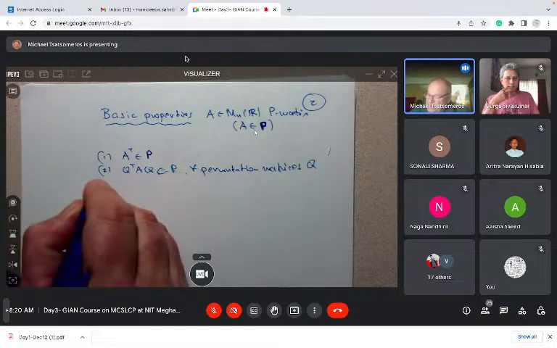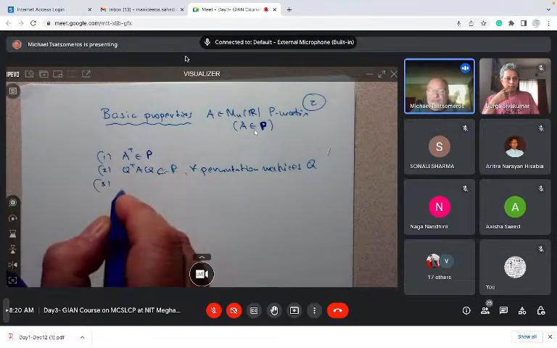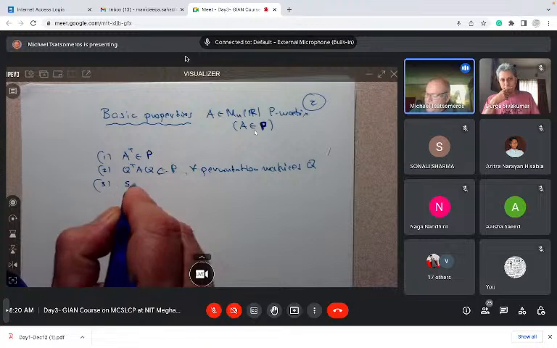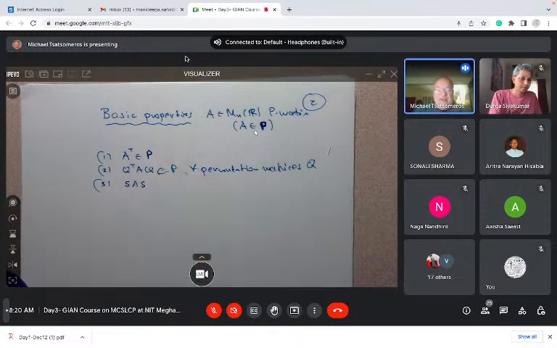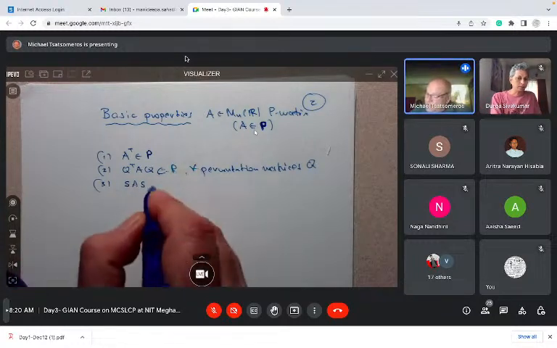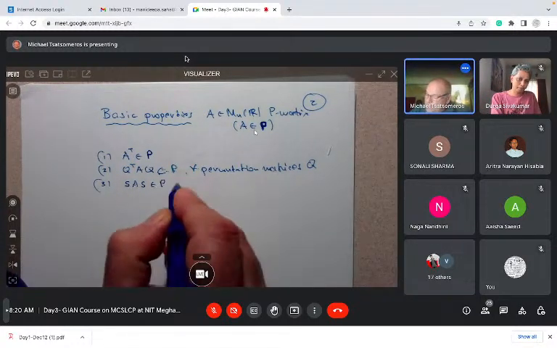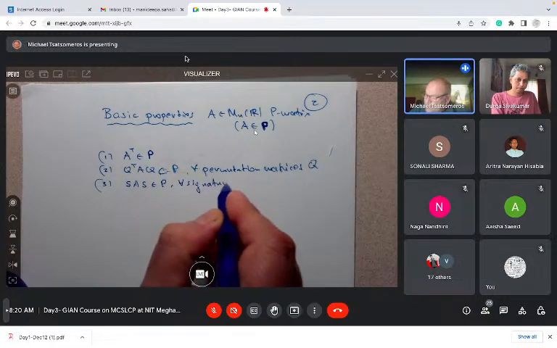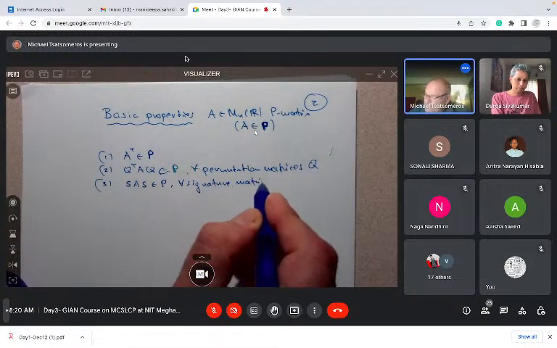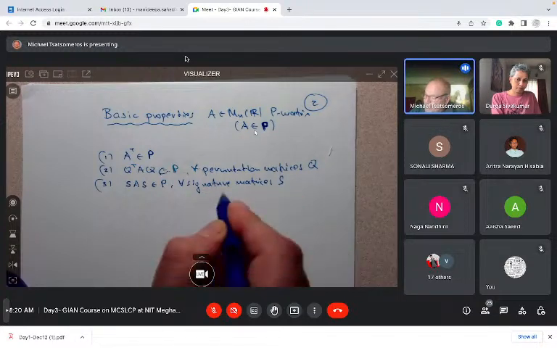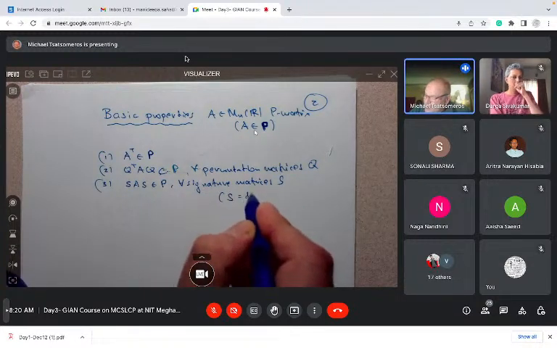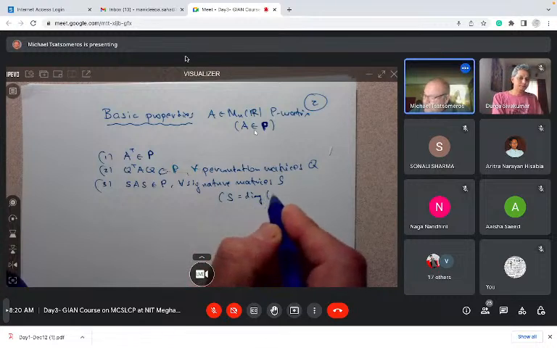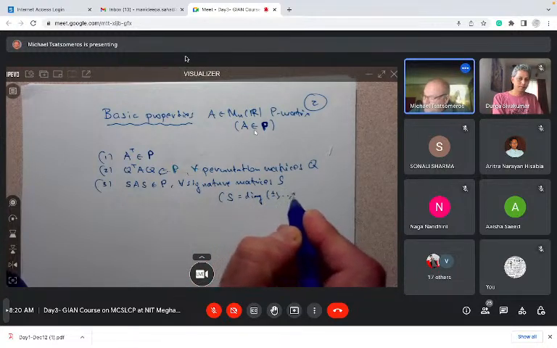In particular, one other similar situation is when you do a signature similarity. So S inverse AS belongs to P for all signatures S. That means S is a diagonal matrix of plus or minus 1.